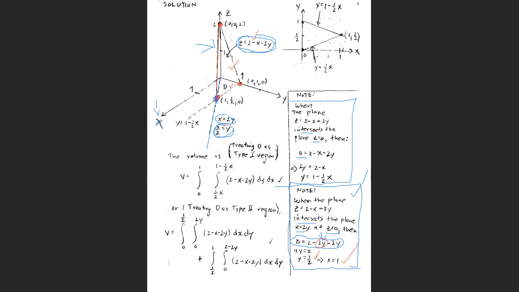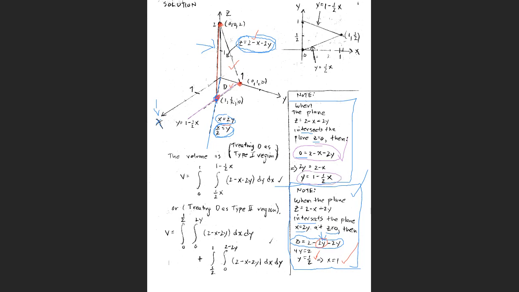Well, when our plane intersects the plane z equals 0, okay, then both equations have to be true. And so 0 would equal 2 minus x minus 2y, right? And so we'll get the equation y equals 1 minus a half x.